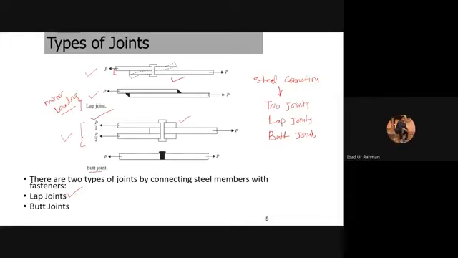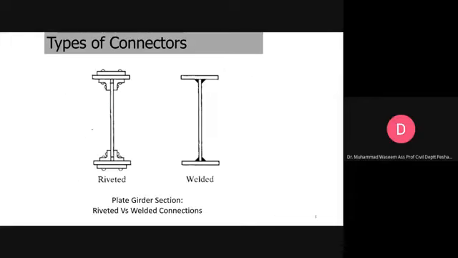Yes, sir. Good. Now, this is an example of a plate girder. You can see this image. This is a plate girder, which is a built-up section, constructed or fabricated by joining different plates. You can see that this plate girder section has been fabricated with the help of rivets, and this same plate girder has been fabricated with the help of welds.